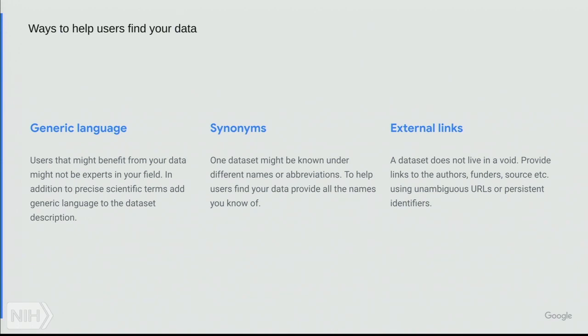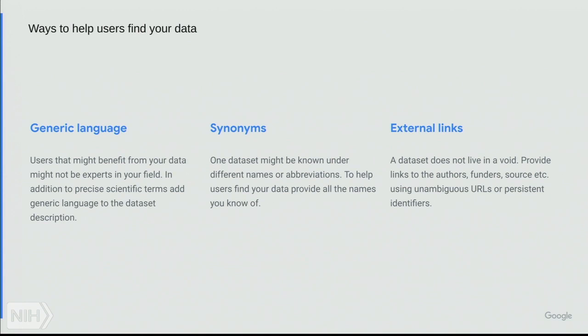What is useful in context of that generic aspect of queries is to provide, at least to some degree, a generic description of a data set. And this is especially important because who might benefit from your data set might not be someone who you know very well. In other words, it might be an outsider to the field that you're studying.